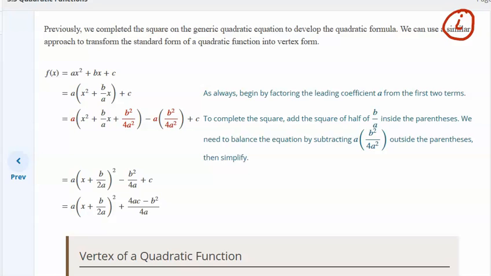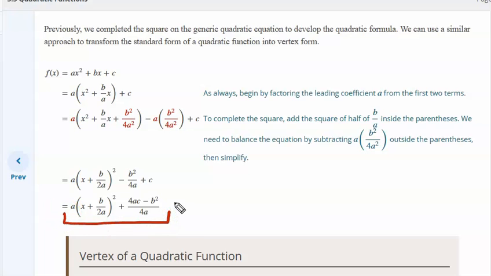All right, now what are they saying here? Well, they're saying this is the equation in standard form, quadratic equation. We did use this to get the quadratic formula, which can be used to find the zeros, but it also could be used to convert from standard form into the vertex form, which is what we see here.